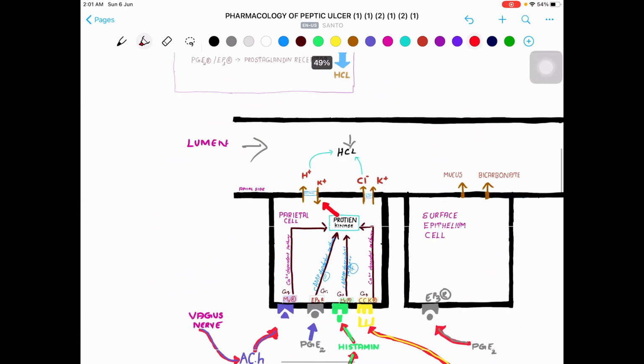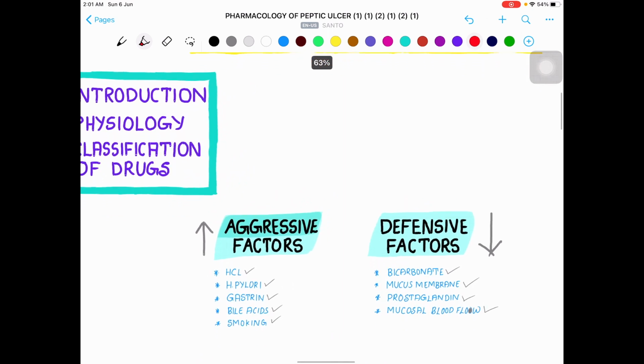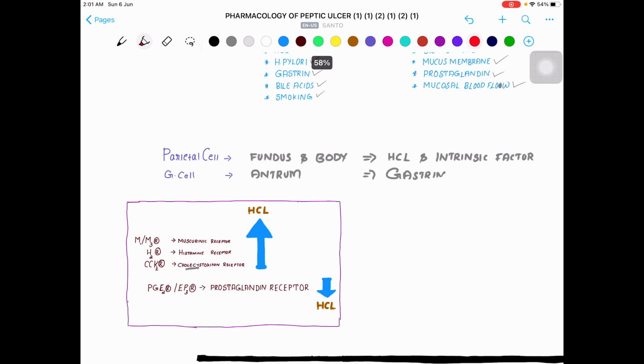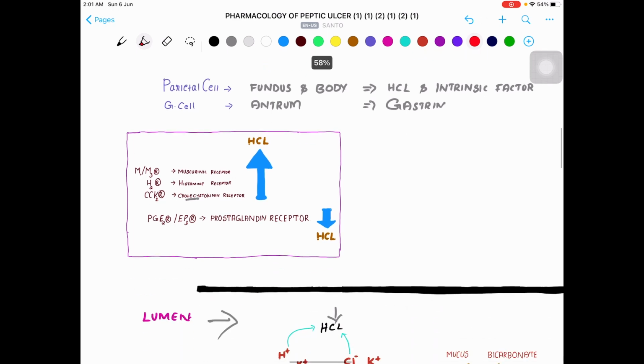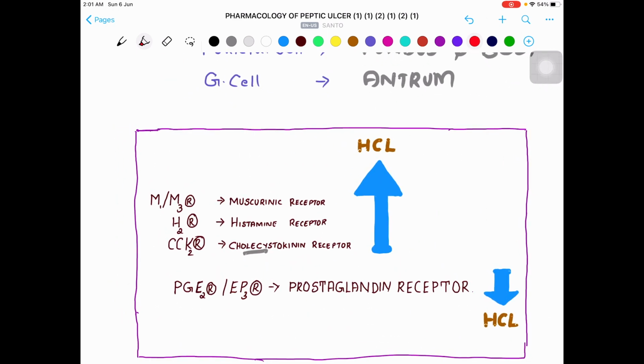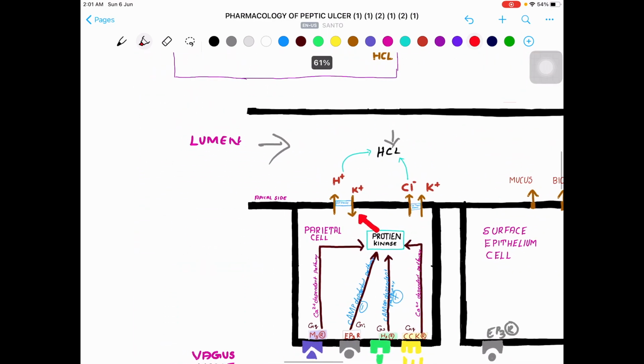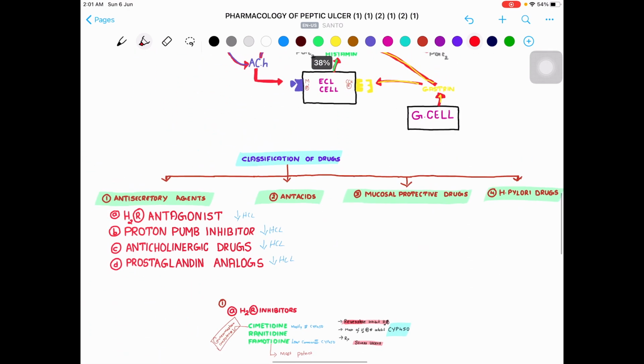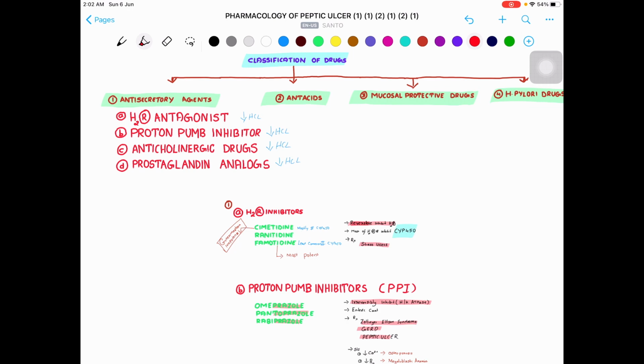Now let's recap what we have learned today. The aggressive factors and the defensive factors, what parietal cells secrete and where they are found, what G cells secrete and where they are found. Whatever you forget, remember this. If you remember this table or box, it will be easy to remember the pharmacology. We learned how HCl is secreted into the lumen, and we discussed the classification of drugs and how they act on the receptors.